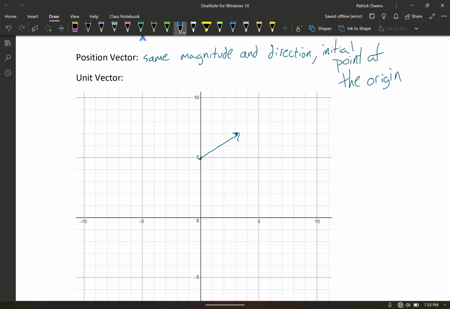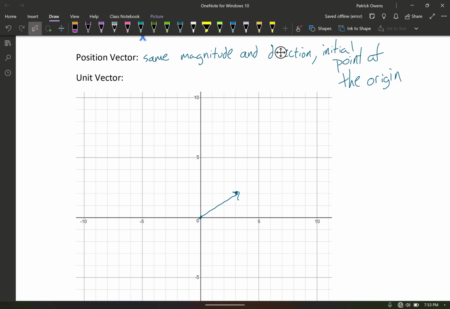And what we're going to do to be able to work with these better is use a position vector. So a position vector is a vector that has the same magnitude and direction as our original vector, but its initial point is at the origin. So essentially, all it's doing is taking this vector and moving it down so it has the same magnitude, same direction, same horizontal and vertical components, just starts out at the origin.